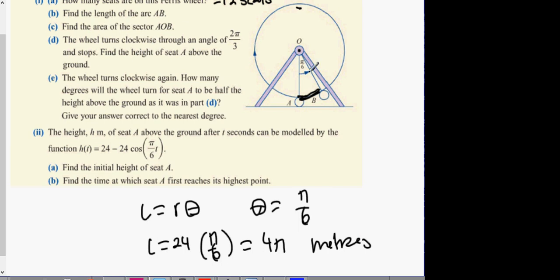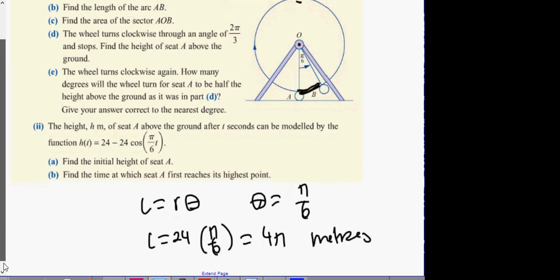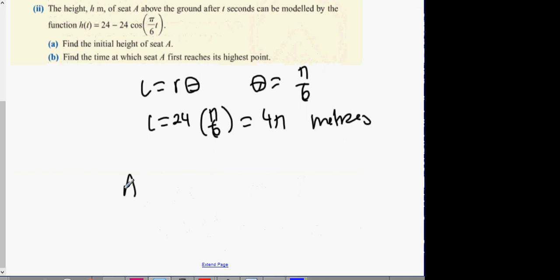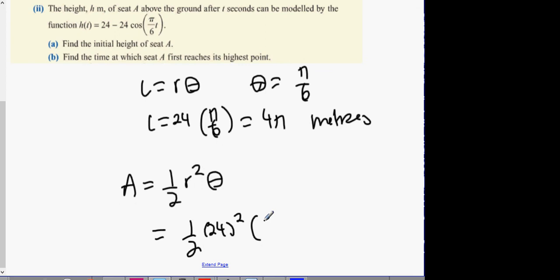Okay, next thing. Find the area of the sector. There's a formula for the area of the sector as well. It's a half r squared theta. You would have done it earlier. A half r squared theta will get us a half times 24 squared times pi over 6. What's that turn out to be? Is it 48 pi?